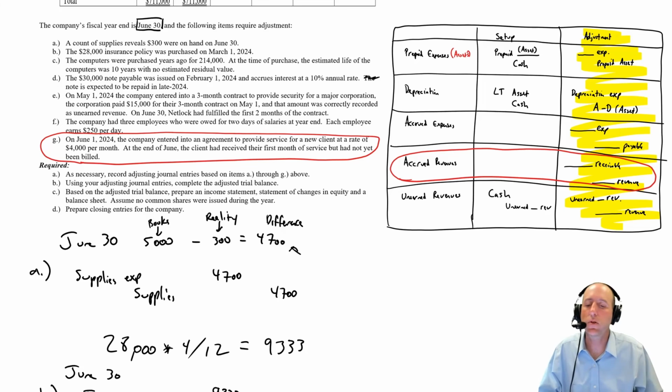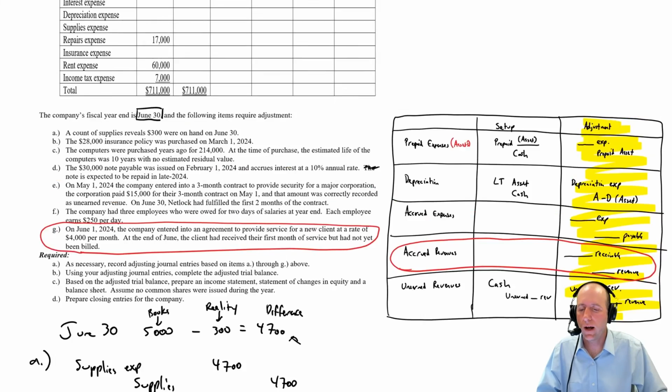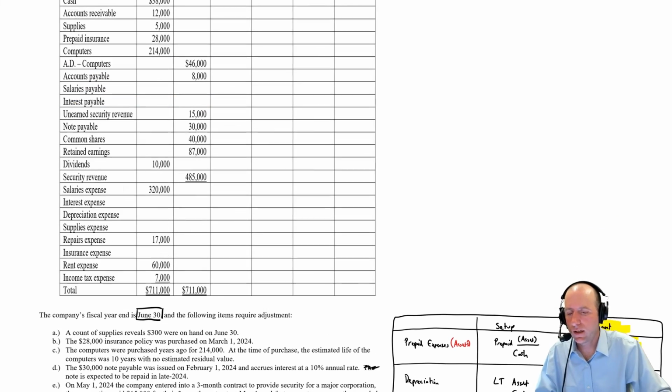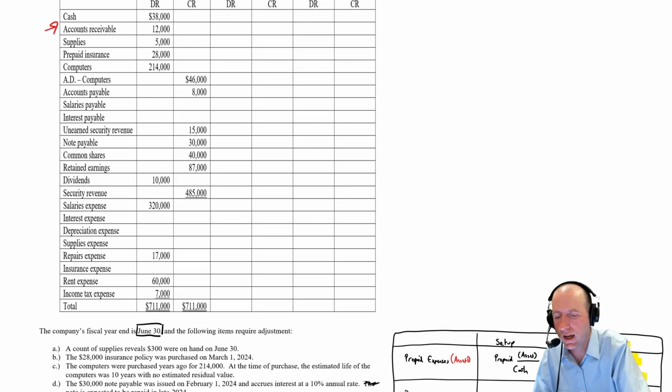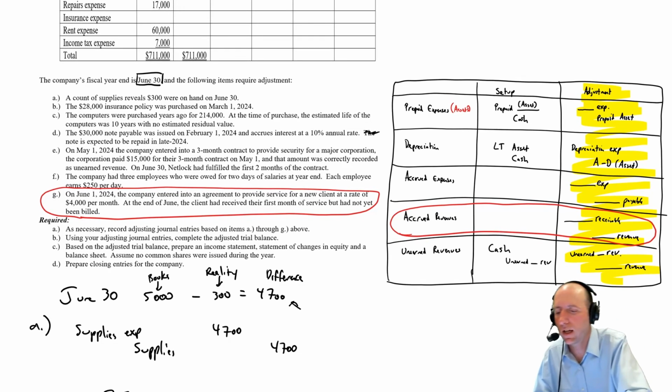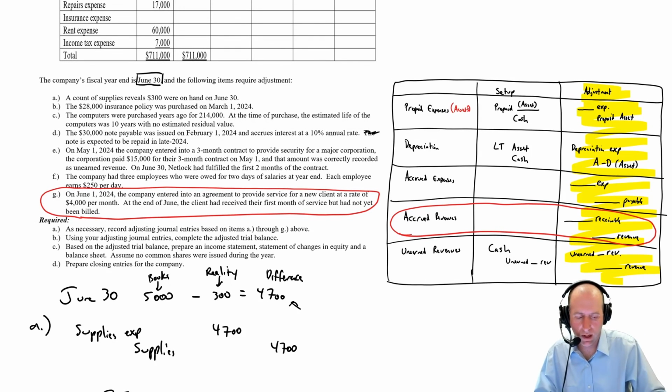I'm going to debit some sort of receivable, probably accounts receivable. There could be some sort of accrued revenue receivable depending on the company's chart of accounts, but I think we can fairly call this accounts receivable and just credit our normal revenues here. We're doing work. Let's see, are there any other receivables? No, so I would say accounts receivable and just plain old security revenue are the 2 accounts here that make the most sense. And it's a month. We don't have any math to do here.